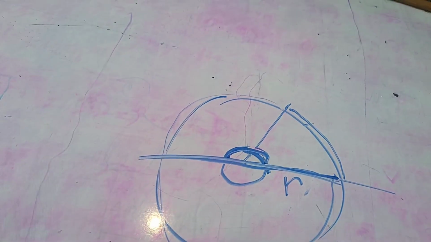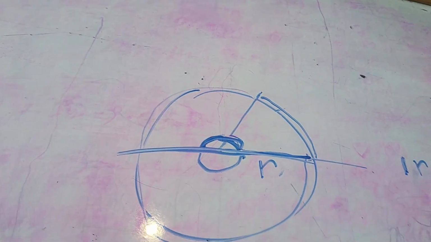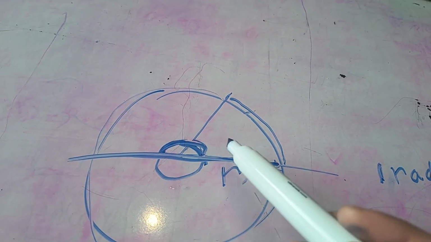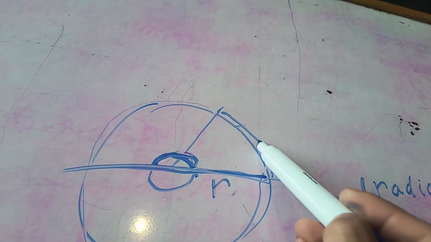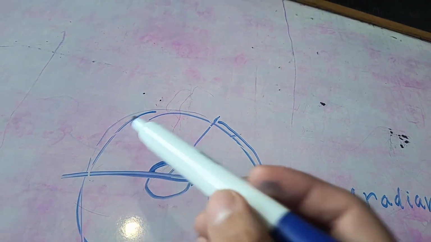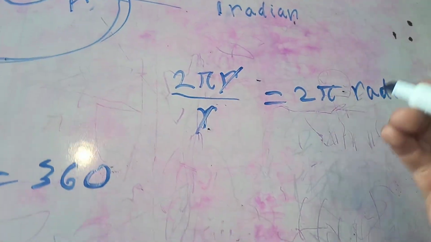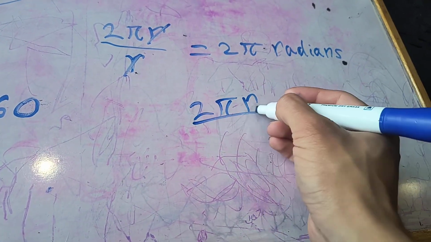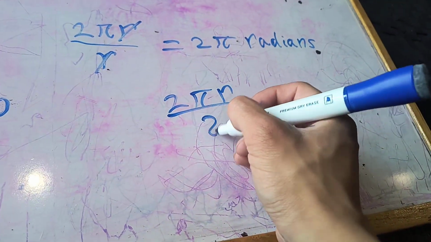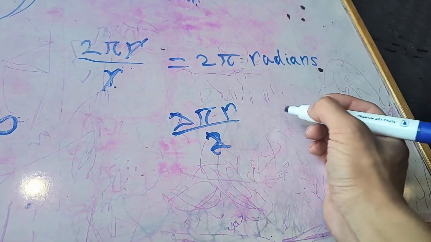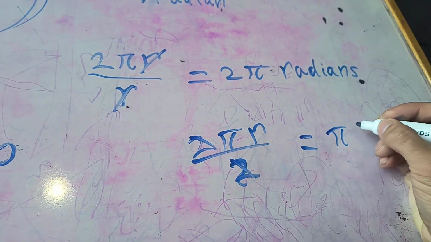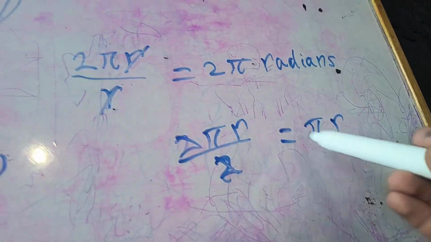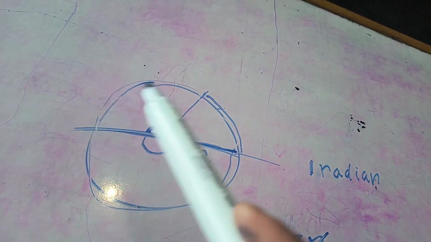Actually, we could do it 2 ways. If we want to find out the radians of this half, we're taking from here to here, which is half the circumference. Circumference is 2 pi r. Divide this by 2. These cancel out. You get left with pi r, which is the length of the arc we're measuring.